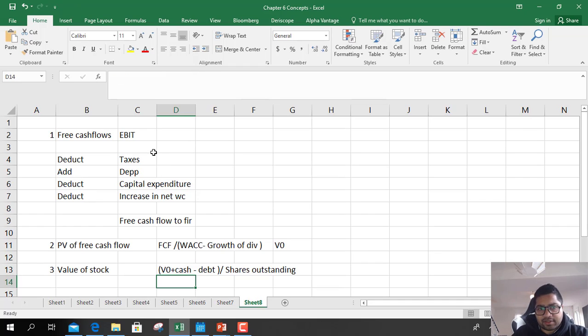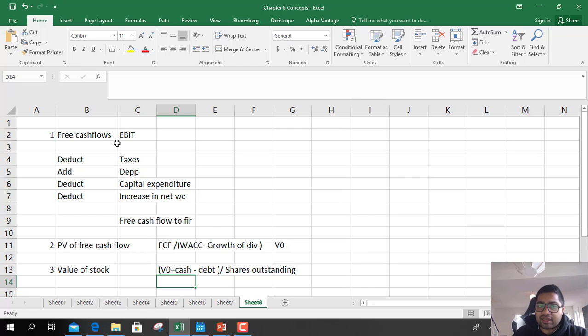So this is the process. From earnings before interest and tax, you deduct taxes, you add back depreciation, you deduct capital expenditure, you deduct increases in working capital, you get free cash flow to firm. Step number 2, you calculate present value of free cash flows.